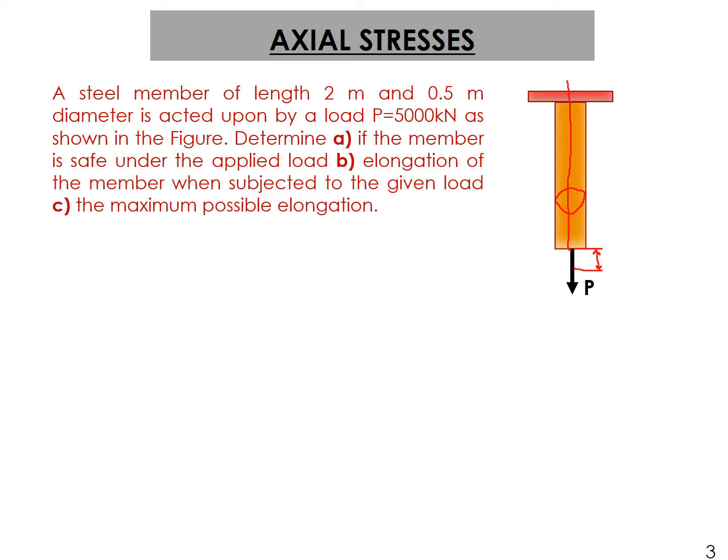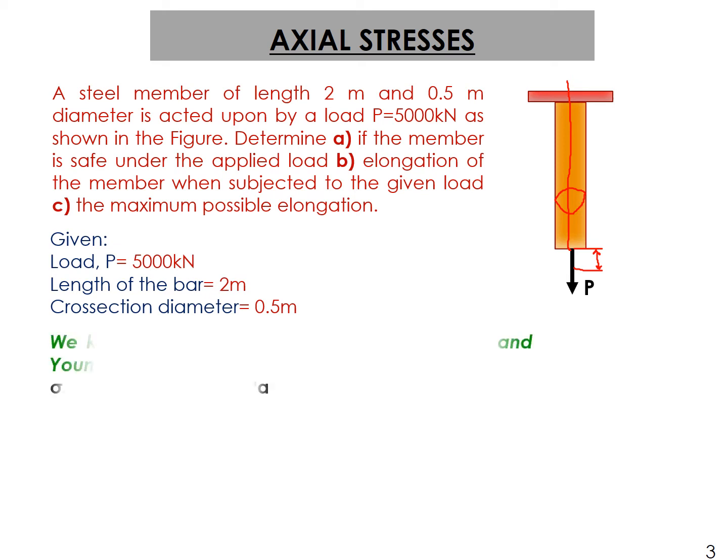Now what we have to do is ensure the safety of the member under the applied load. So you have to ensure that when this member is subjected to this load P, the member is safe. And then we'll check whether it is safe or not. And then we have to find the elongation and finally the maximum possible elongation. So let's proceed.